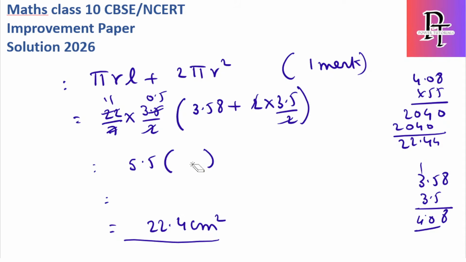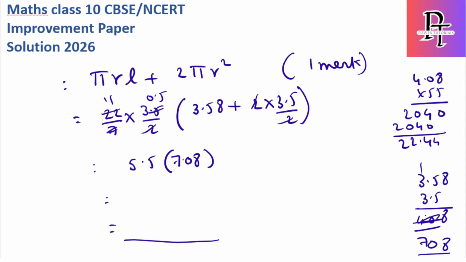Somewhere I think there is a mistake. Okay, fine. 3.5 plus 3.58, I did the calculation wrong. 3.5 plus 5, 8. 5 plus 5 is 10, 1. 3 plus 3 is 6, 6 plus 1 is 7. Okay, so it is 5.5 into 7.08.